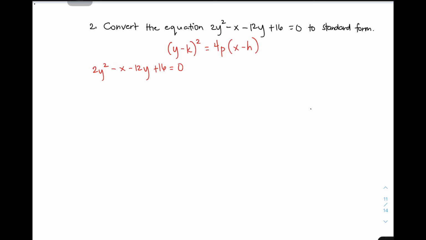Kailangan naka-isolate lang yung y terms. So, our new equation is 2y squared minus 12y is equal to x minus 16. From negative, it will become positive. From positive, it will become negative because we transpose them.